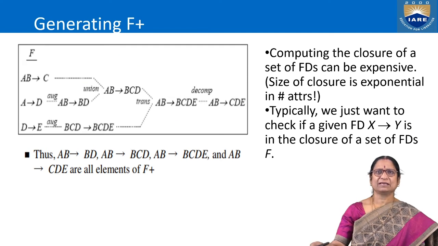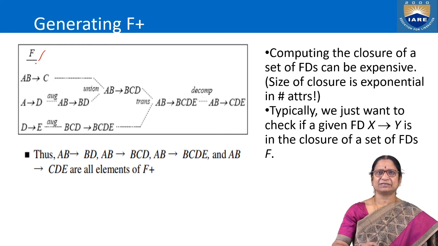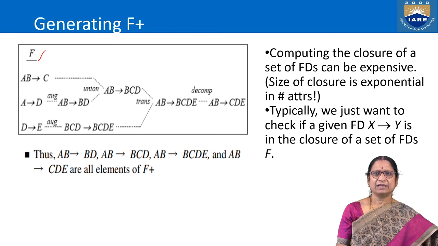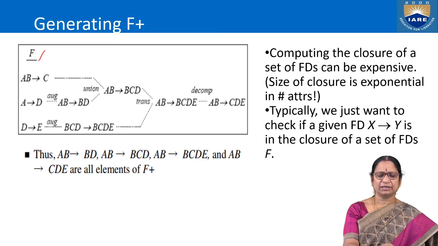One more example we'll consider. You observe here the set of FDs on the left hand side. F is a set of FDs: AB determines C, A determines D, and D determines E. These are the FDs of F. By using these FDs, first we are applying the augmentation rule on the second one.